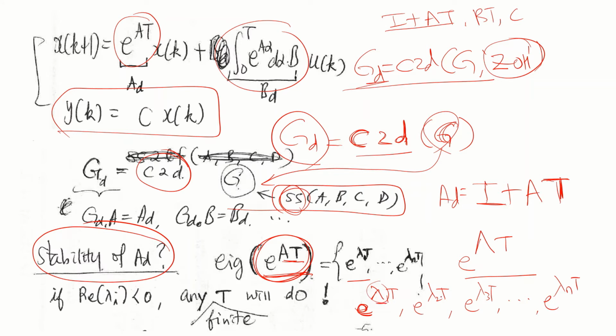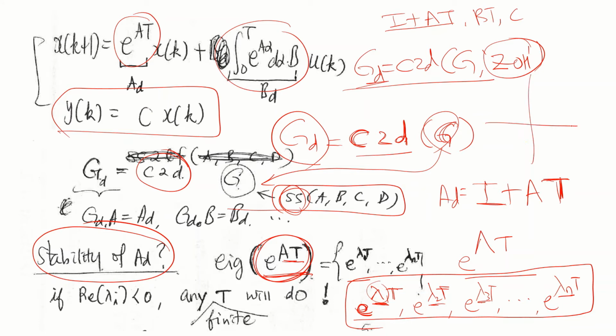We know the real parts of these eigenvalues are all negative. As long as all the eigenvalues are in the LHP, all these numbers, with whatever sample time T, will still be in the unit circle.